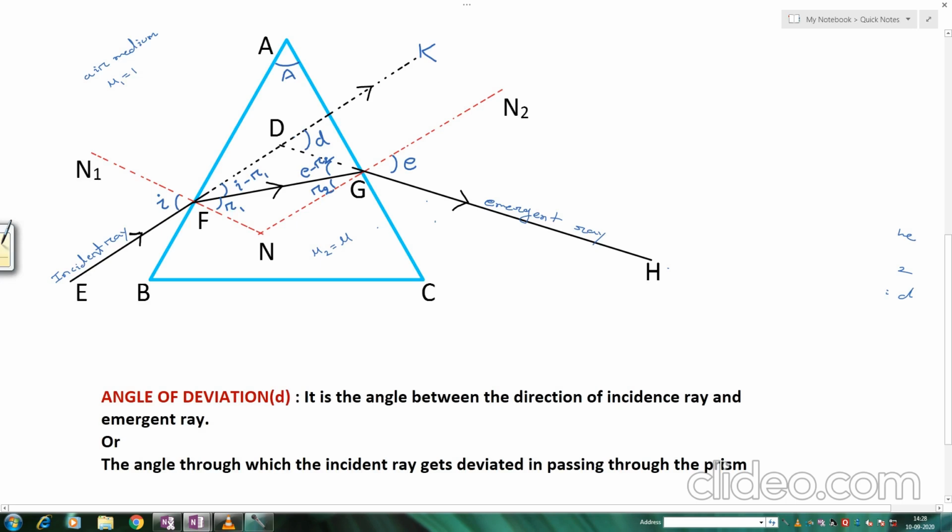At this point of incidence we will draw a normal, so N2 is the normal. Now r2 is the angle of incidence in this case. In the absence of this refraction, the light would travel along this path, but due to the refraction at this face AC, it will bend away from the normal. Now GH is the refracted ray for the refraction at the face AC.